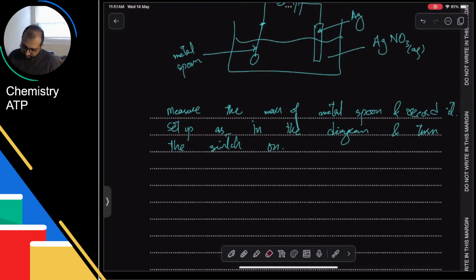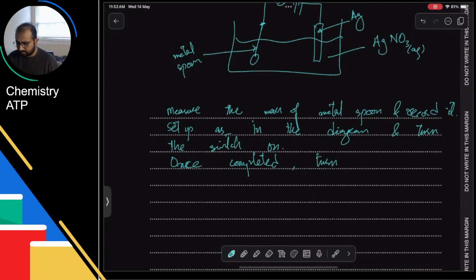Turn the switch on. Run it for as long as you want. Once completed, or once the change is seen, or once the silver is plated, stop or turn it off. It's pretty straightforward.